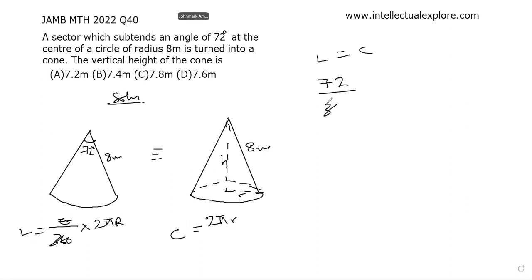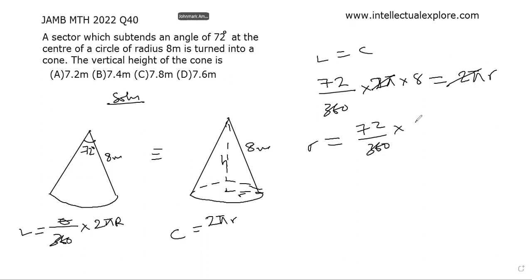So 72 over 360 times 2 pi big R, that's 8 here, must equal 2 pi r. We don't know what the small r is. So from here, 2 pi will cancel 2 pi. And then your r will equal 72 over 360 times 8. If you do that, it should give you 1.6 or so.